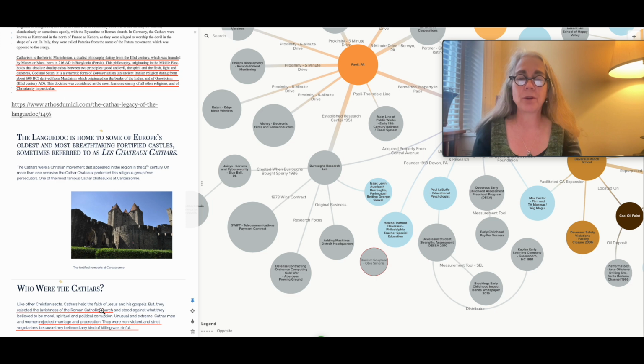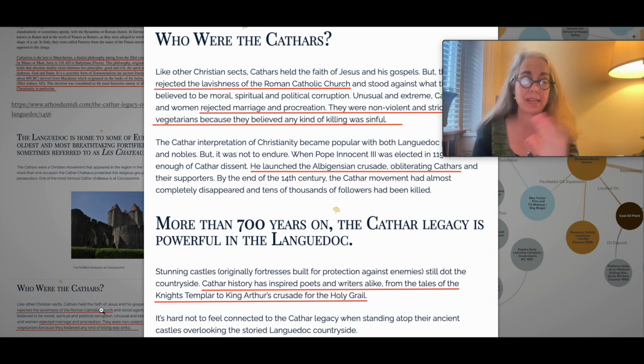And so among their practices, they were pacifists, so that didn't go over well in the Middle Ages, and they didn't agree to baptism or the crucifixion or any of those things because they believed that was material and therefore evil.